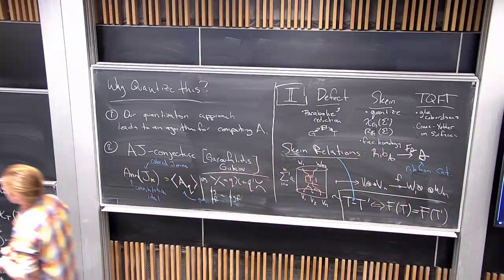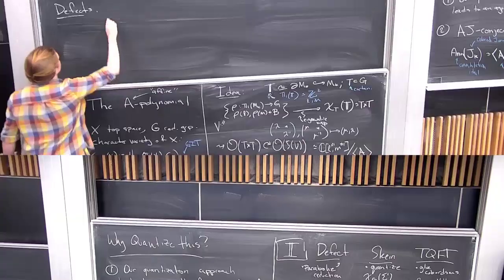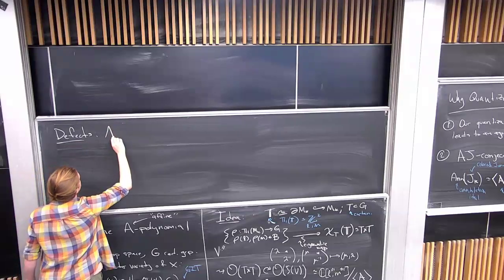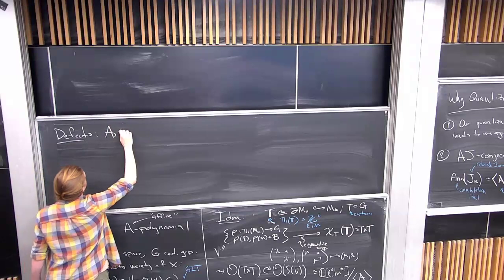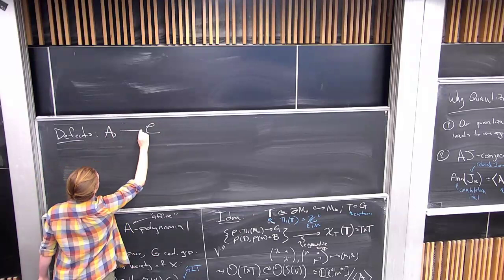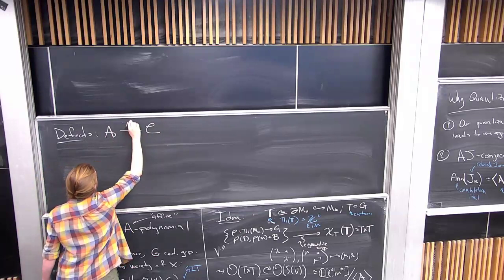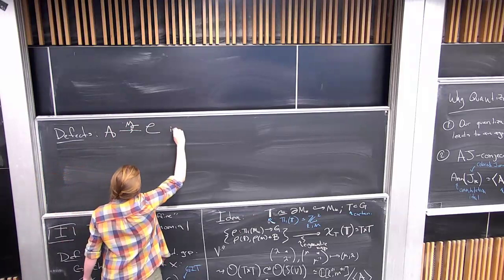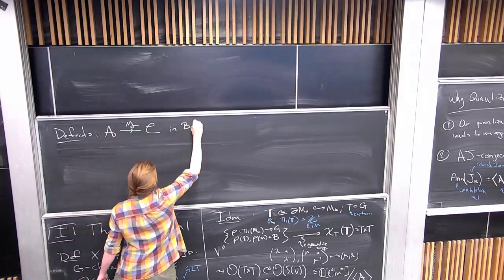Now, my defects, what I want them to do is bring me between two different ribbon categories. So it's gonna be some morphism, and in particular, this is gonna be a one morphism in BR10s.